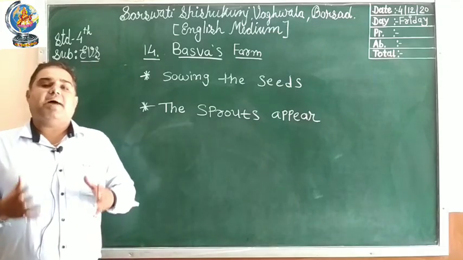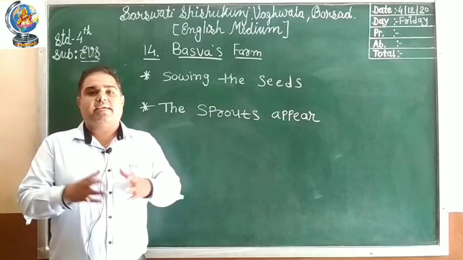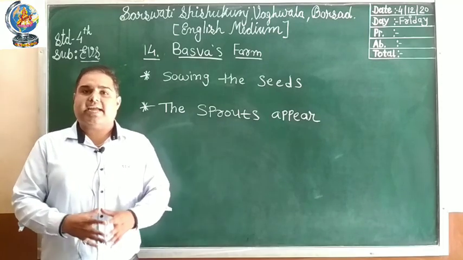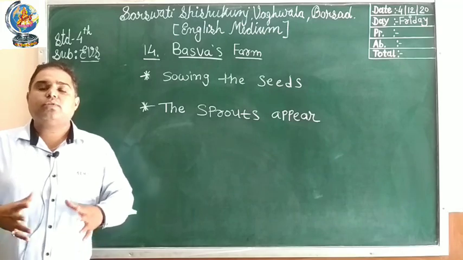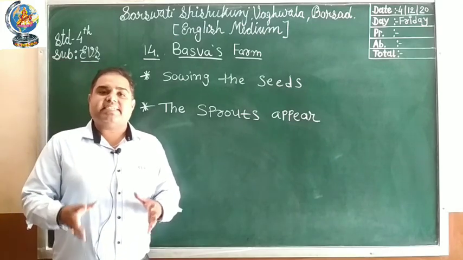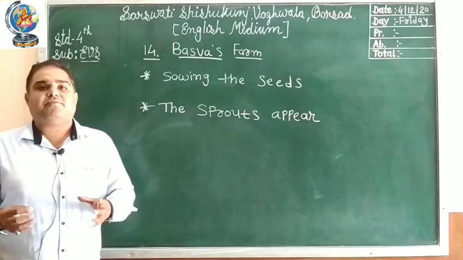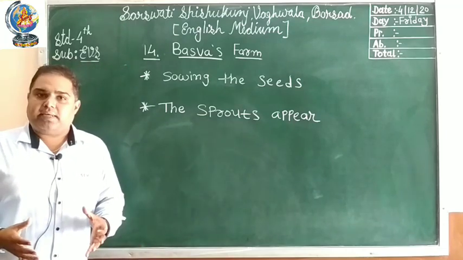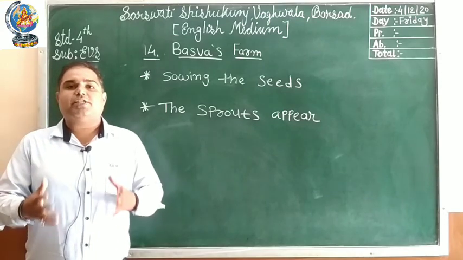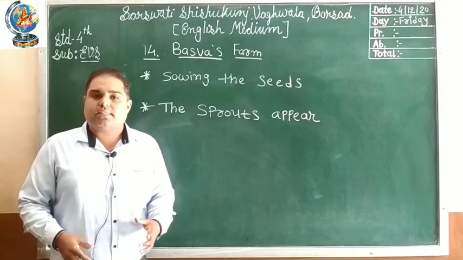So students, Basva also would like to sprinkle the seeds, but his father is telling him that you are too young to do this work, because if you sprinkle too many seeds at one place, then the onions will not grow properly. That is why his father is not allowing him to sprinkle the onion seeds.